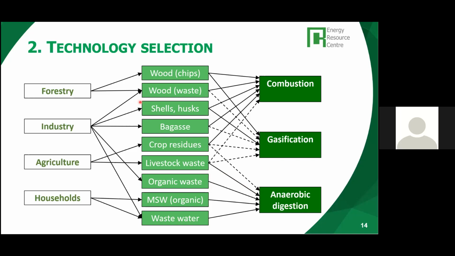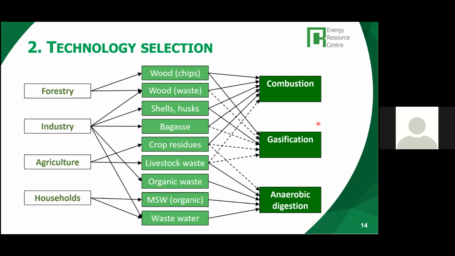So this is more or less a figure that can be used to orient yourself. You're faced with particular types of feedstock. You can have a first indication of the indicative conversion technology options.